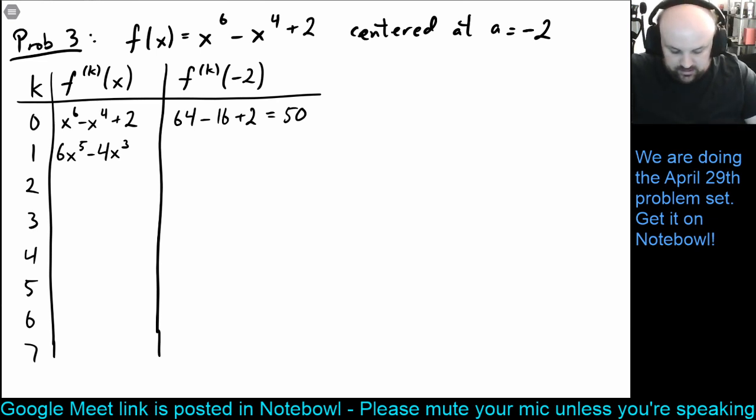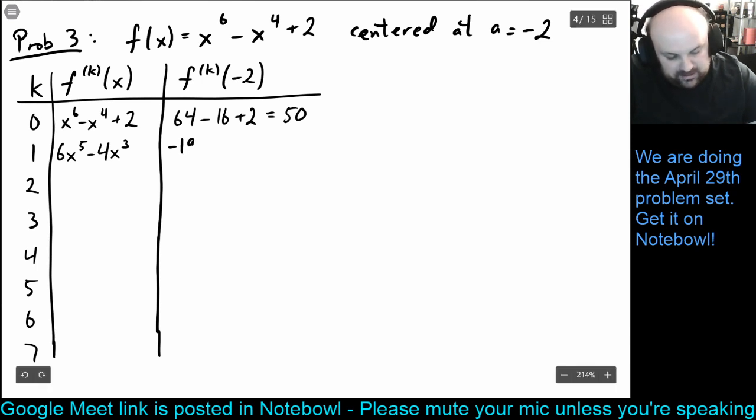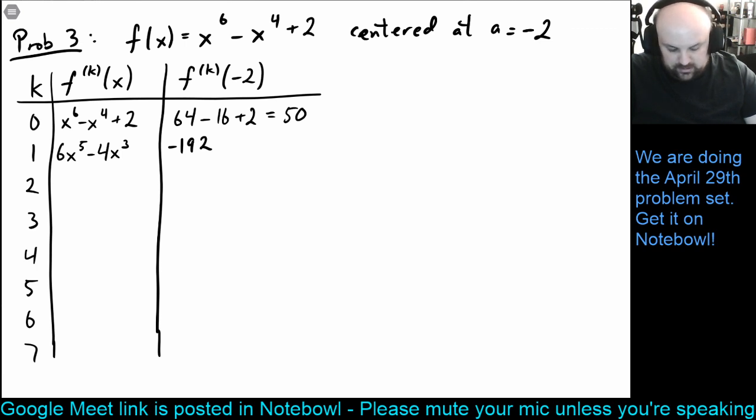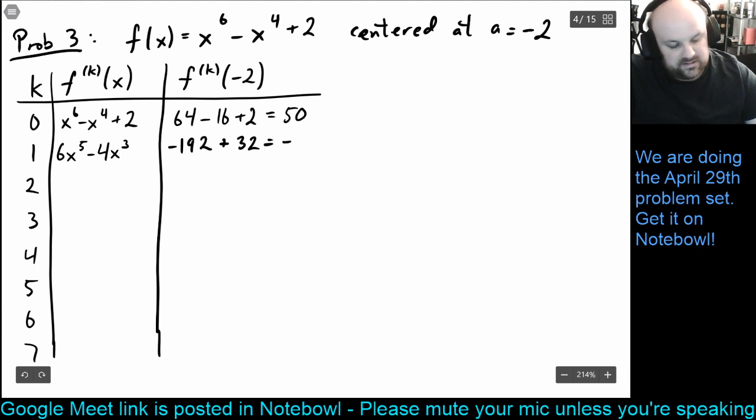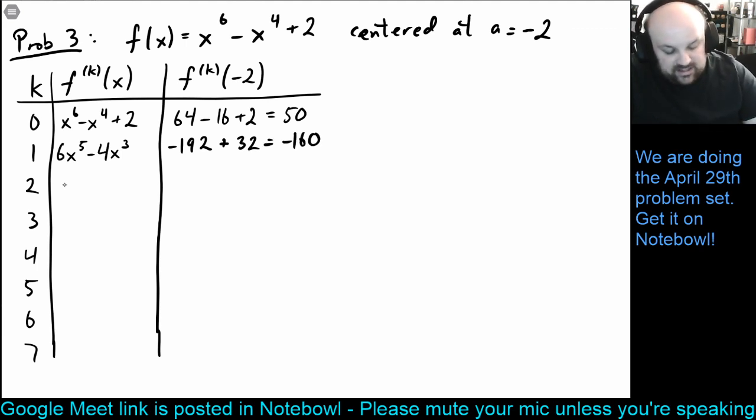So let's see. -2 to the 5th times 6. So that's minus 192. And then this will be plus 32. This is -160. Right. Take the second derivative. We're going to have 30x to the 4th minus 12x squared.